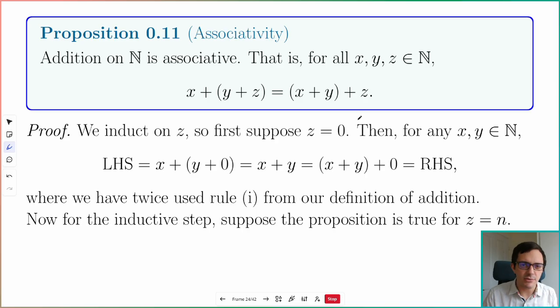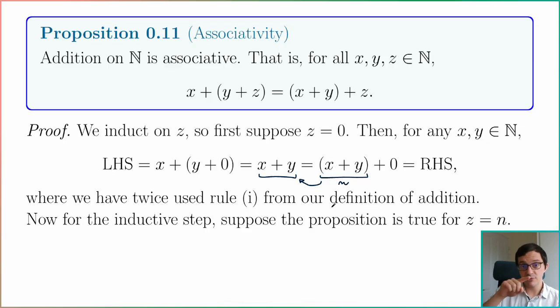But my definition says m plus 0 for any m is equal to m, and that includes even if m is something fancy like open bracket x plus y close bracket. That's a natural number, so we can go from this being m to just have m plus 0 is just m. I've not written the brackets around the outside there. Putting these together, we see that both the left-hand side and the right-hand side are equal to x plus y.